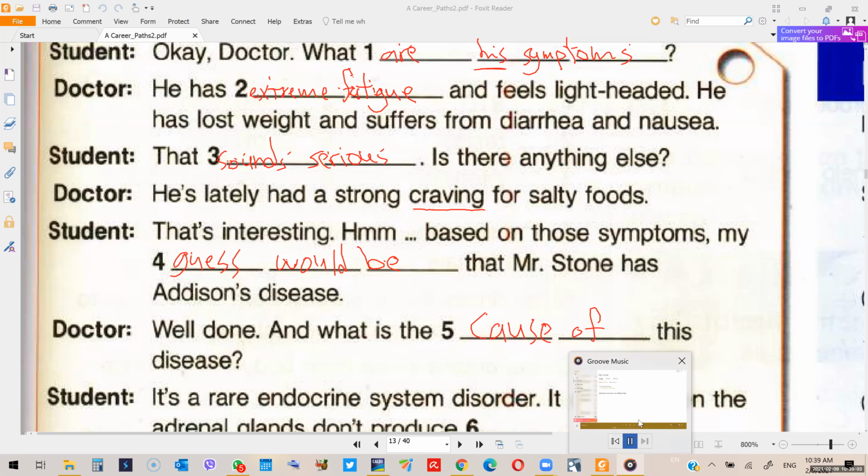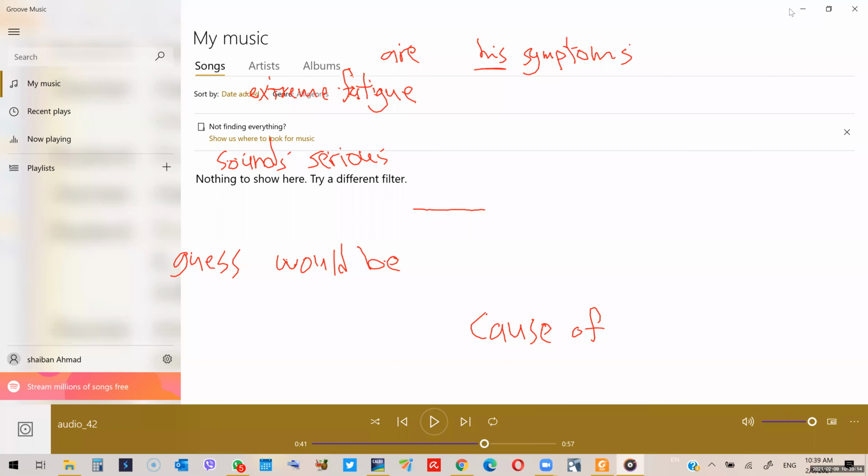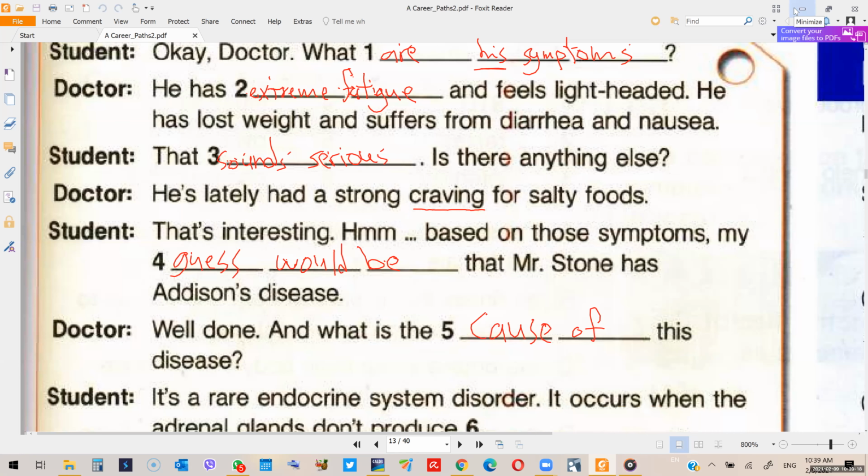It's a rare endocrine system disorder. It occurs when the adrenal glands don't produce enough hormones. Okay, it's a rare endocrine system disorder. It occurs when the adrenal glands don't produce enough hormones, enough.